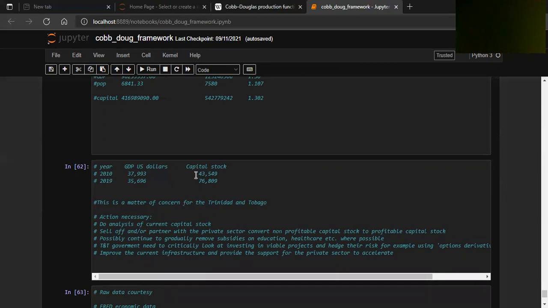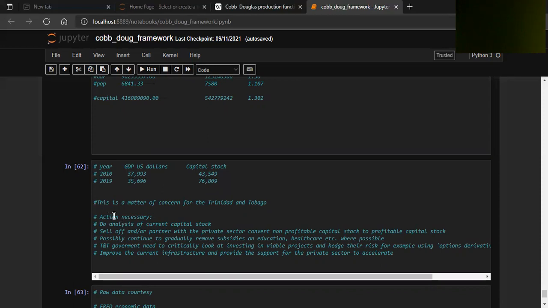The real story is that our capital stock has almost doubled in value, but that has not contributed to total factor of production. And I think that is a matter of concern for Trinidad and Tobago. If we don't get this correct in the next 8 to 10 years, we could be in some problems.